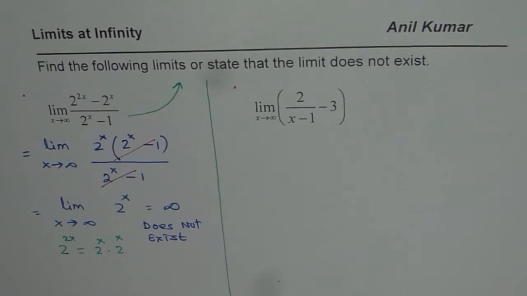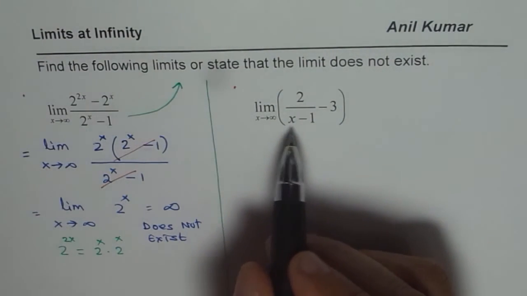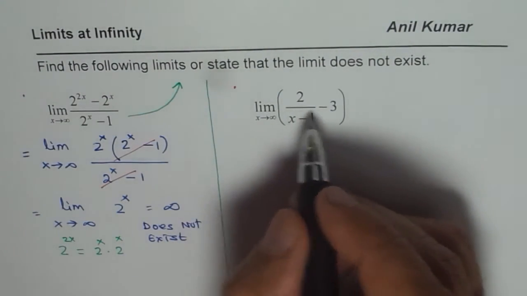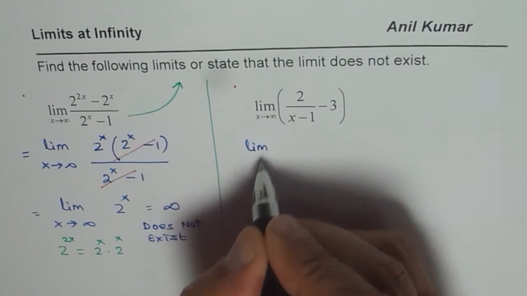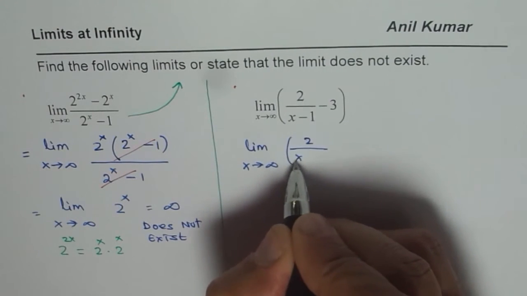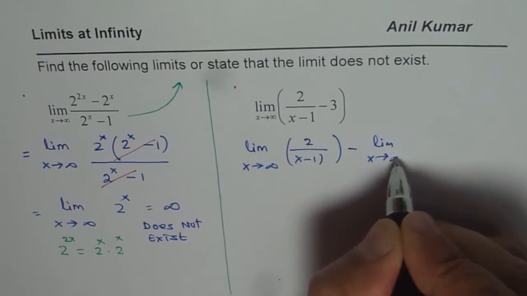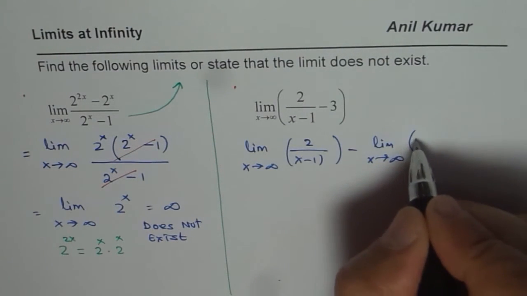Now let's look into the next question. Here we can apply the properties of limits, and say this could be written as the limit as x approaches infinity of 2 over x minus 1, minus the limit as x approaches infinity of 3.